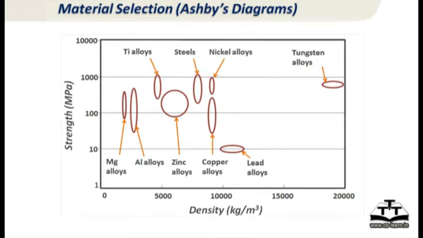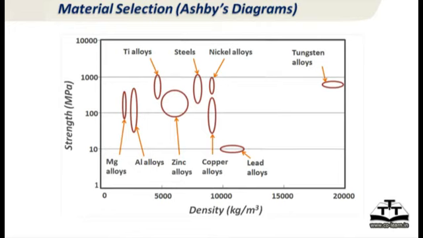Now there's a famous professor called Professor Ashby at Cambridge University who created these interesting diagrams, and these are called Ashby's diagrams. What he has done is he plotted various properties against x and y axis. So here you see the density along x axis and the strength along y axis. And if you see, interestingly, at the lowest, right, they seem to have density around 5000 and strength around 1000 MPa.